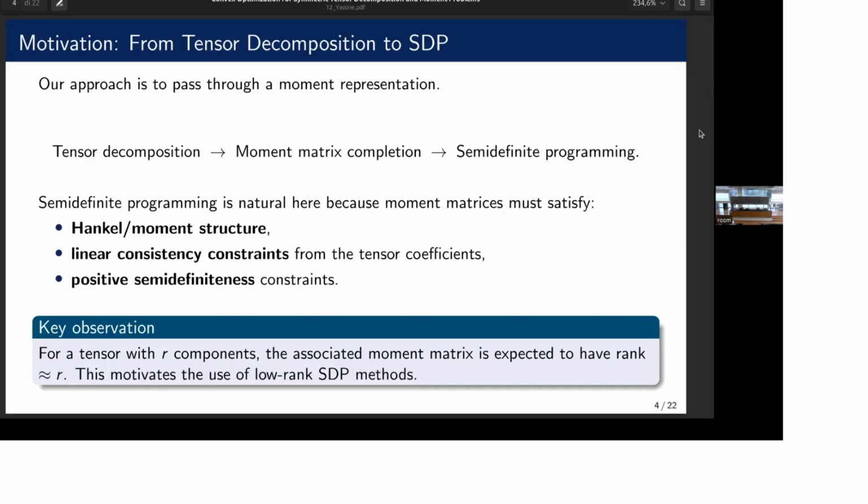The use of SDPs here is natural because the moment matrix has this Hankel structure. There are linear constraints coming from the tensor coefficients, and also PSD constraints on the moment matrix. For a tensor having R components, the associated moment matrix is expected to have rank equal to R, and this motivates the use of low-rank SDP methods.